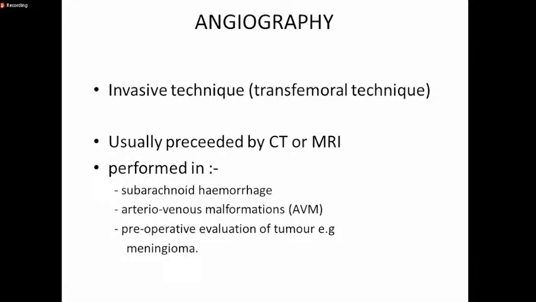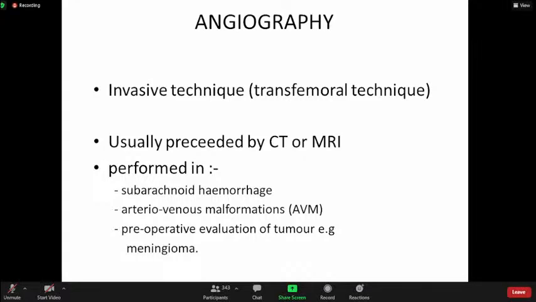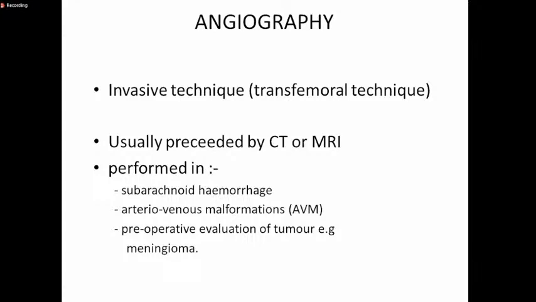The invasive, or transfemoral, technique requires that you put a catheter into the patient's vascular system and advance it all the way up. If you want to look at the vascular system within the brain, you advance your catheter all the way up to wherever the lesion is.